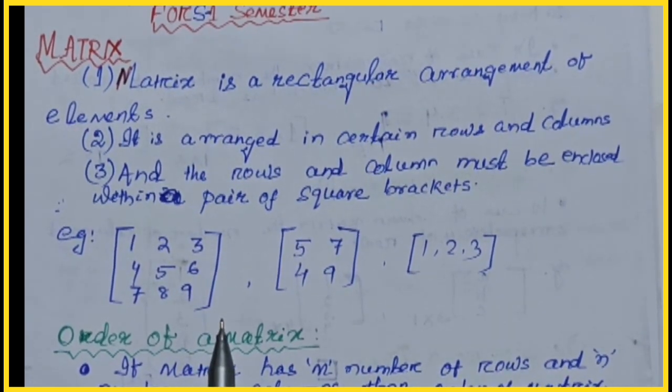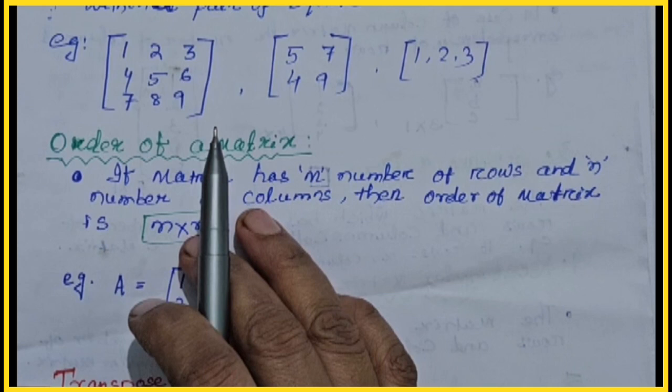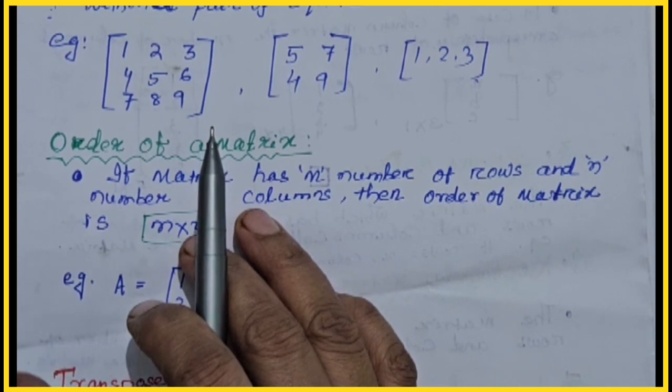Then what is the order of matrix? So what are these matrices: 3x3 matrix, 2x2 matrix, 2x3 matrix, 3x2 matrix.